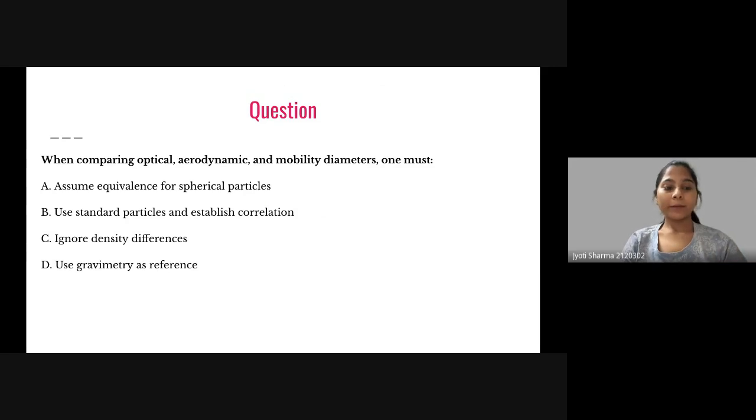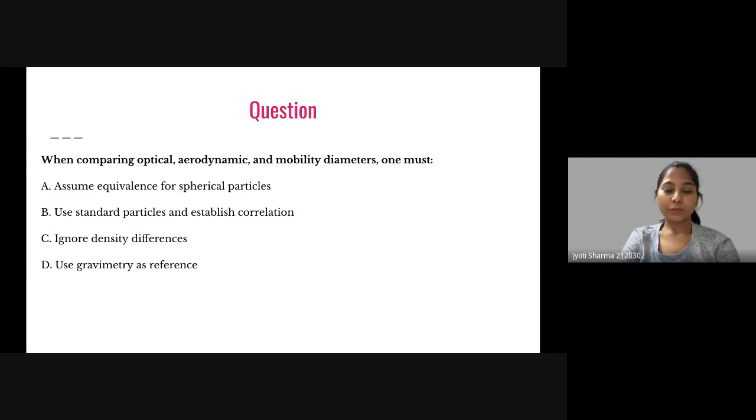When comparing optical, aerodynamic and mobility diameter, one must assume equivalence for spherical particles, use standard particles and establish correlation, ignore density differences, or use gravimetry as reference. Because we are using different diameters in different instruments. But at last, how will we measure?